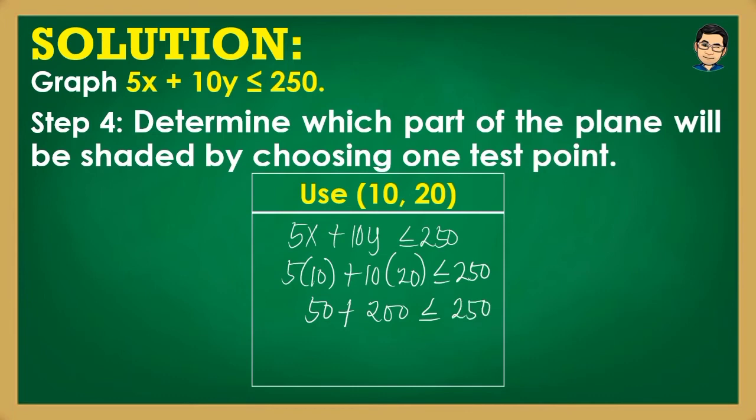And then we add 50, 200, that is 250, is less than or equal to 250. So 250 is less than or equal to 250. This is a true statement. Okay? So it's because meron tayo ditong or equal to. So kung less than lang siya, wala yung guhit sa ibaba, so magiging false statement.